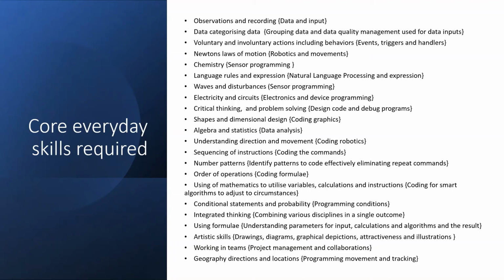How do you deal with electronics and device programming? You need to understand electricity and circuitry. So you can install quite a number of other disciplines and teach quite a number of other disciplines while teaching coding. And the other way around as well, all these disciplines are also quite important when teaching coding as building blocks.